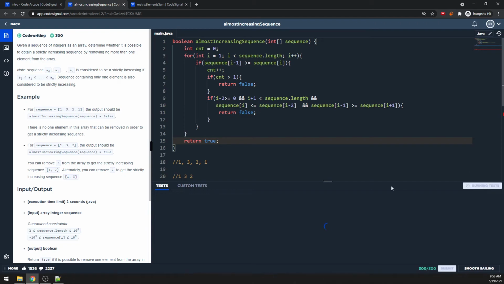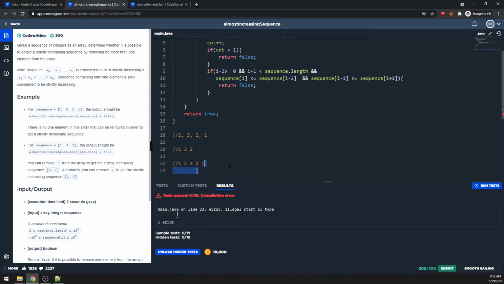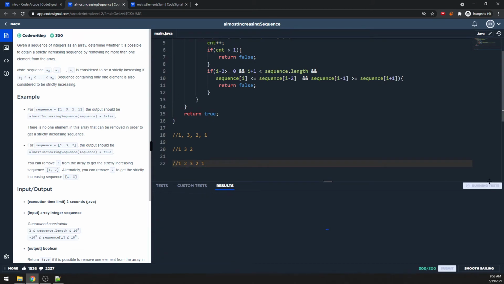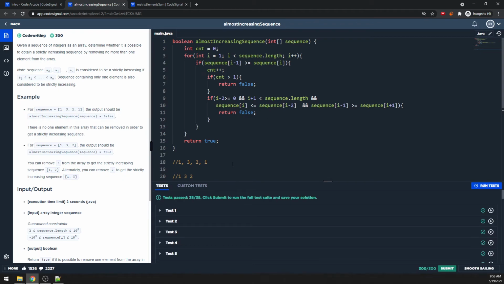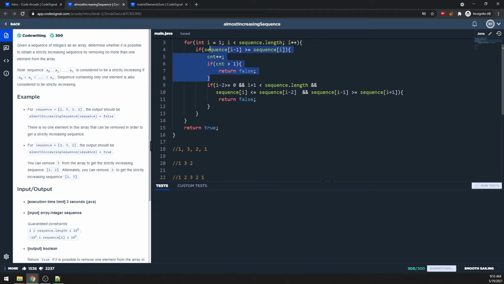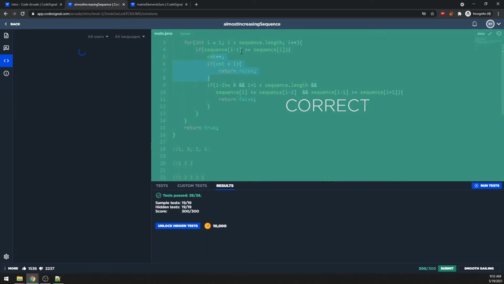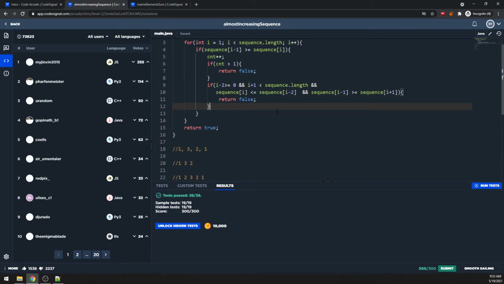So let's just run it. Hope I don't have error. Oh, I do. Try again. Okay, I got it. So you not only just count the previous one equal to the current one, you also have to count the I minus 2 and I plus 1 and I minus 1, the constraint.